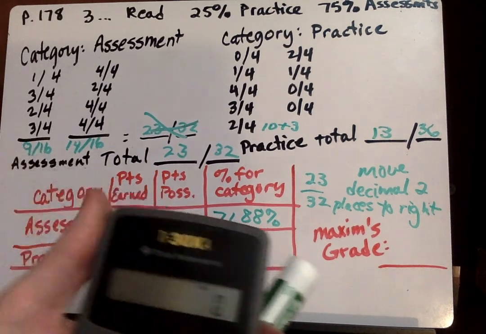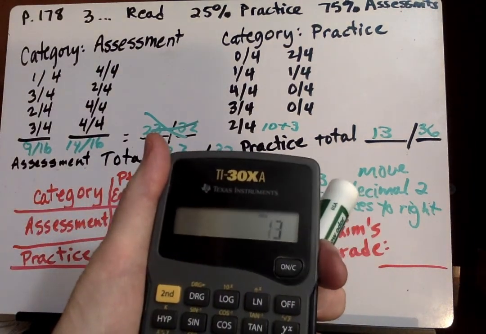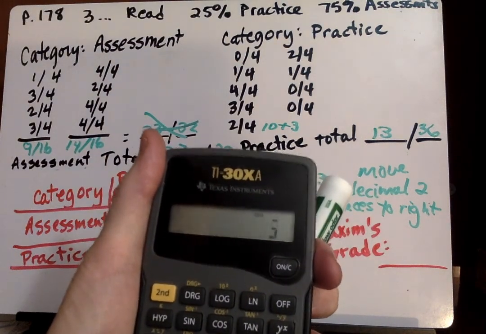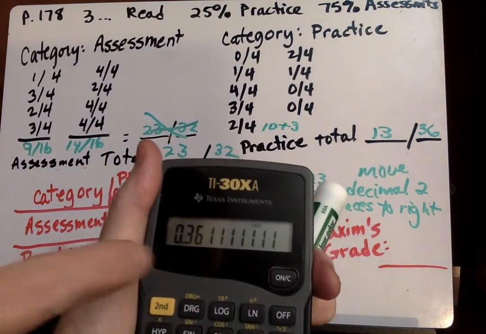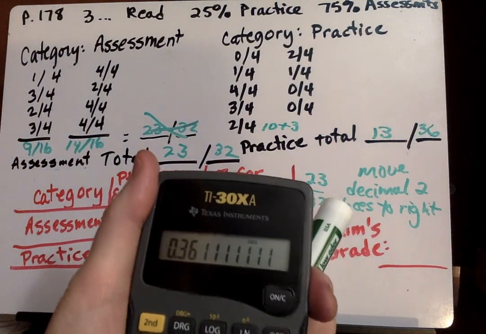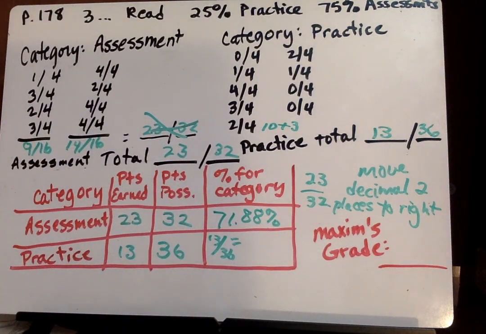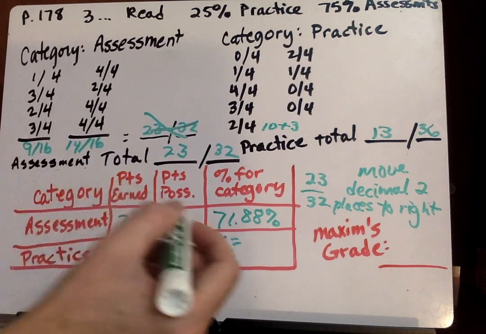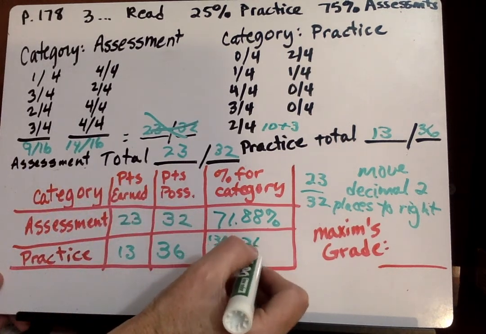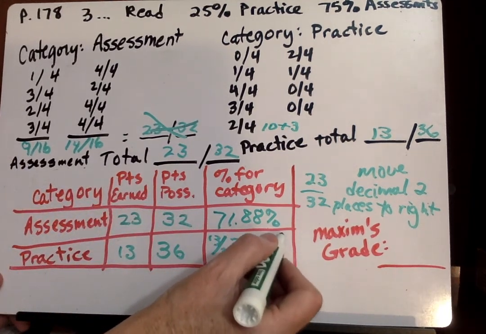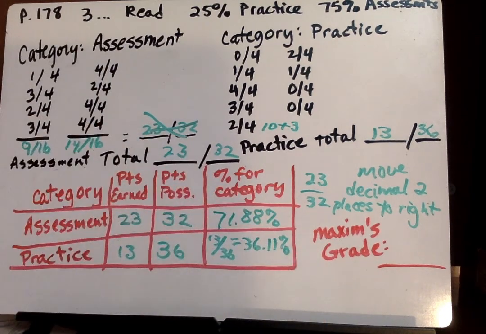All right. So then we go 13 divided by 36. I move it 2 places to the right, and it's 36.11%. Okay. Now, we have the percent for the categories.